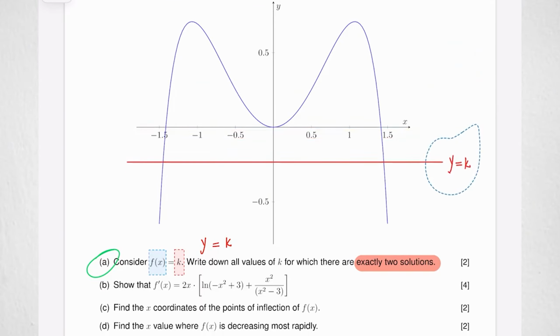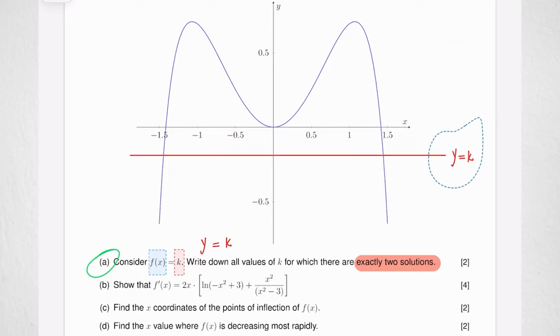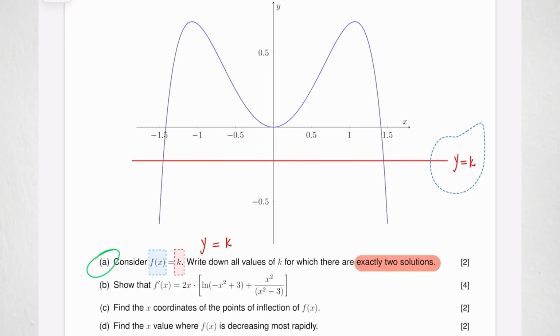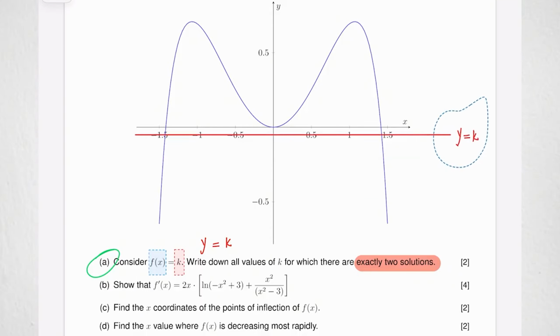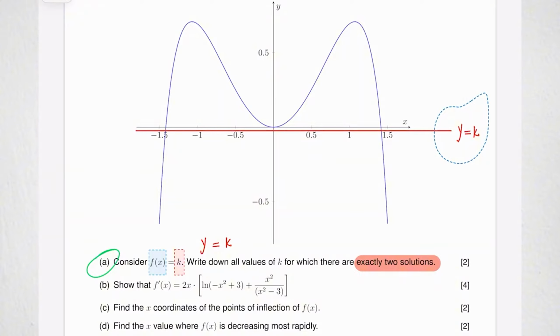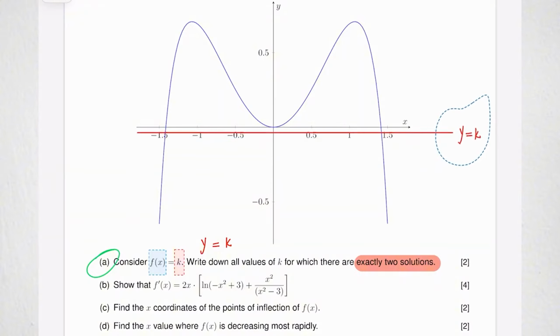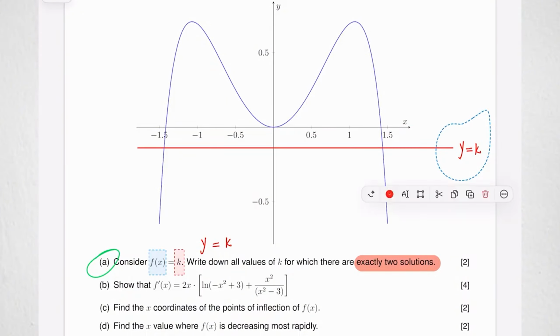Now, we can see that over here, for example, it works. We do have 2 intersections up to a given point or up to a given value. If k is anything less than 0, we're going to have 2 intersections.